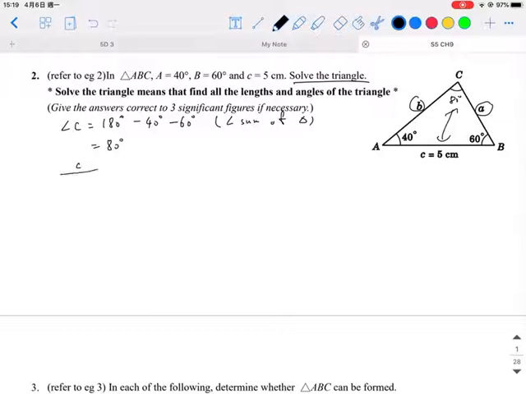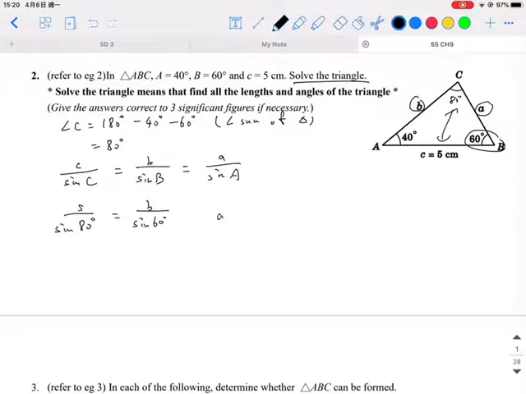The length c over sine C, applying the sine formula. And then you substitute back, c is equal to 5 and angle C is 80 degrees, equal to b over the angle B, which is 60, so sine 60 degrees.